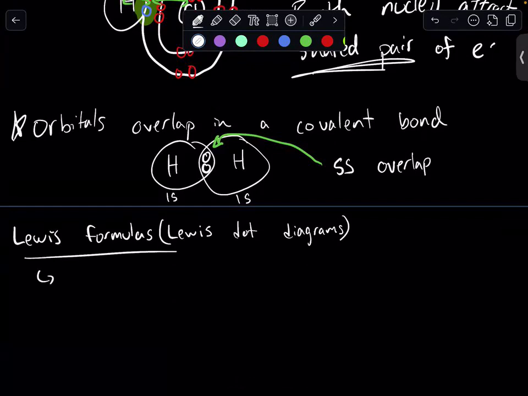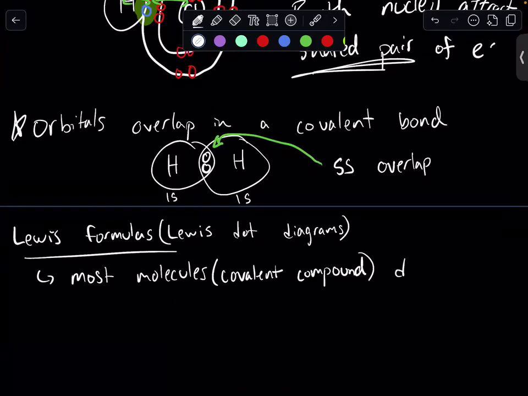For Lewis formulas, we need to know that most molecules, which are covalent compounds, do not form lattices like ionic compounds. If it's an ionic compound, we don't call it a molecule, but covalent compounds are called molecules.